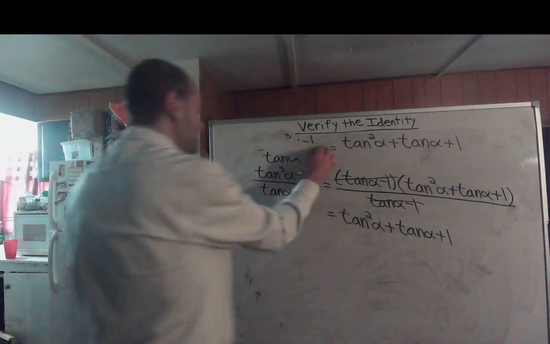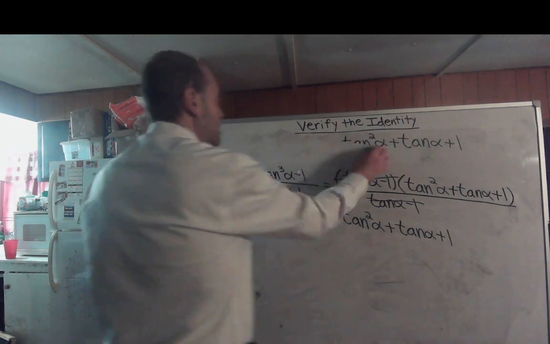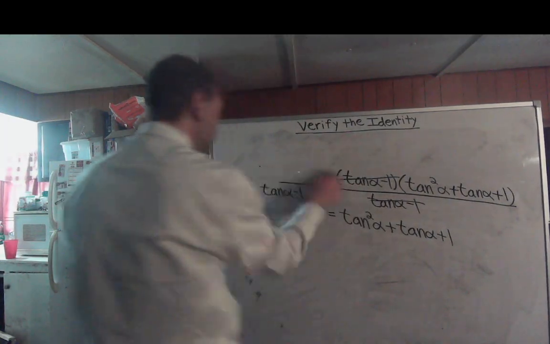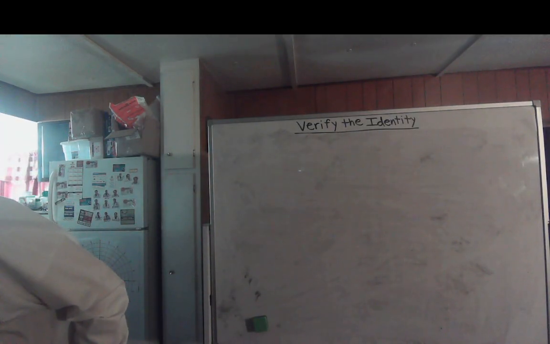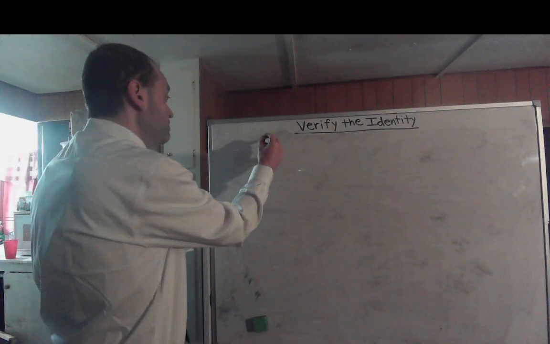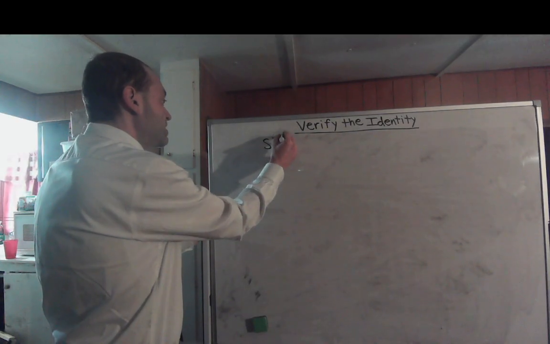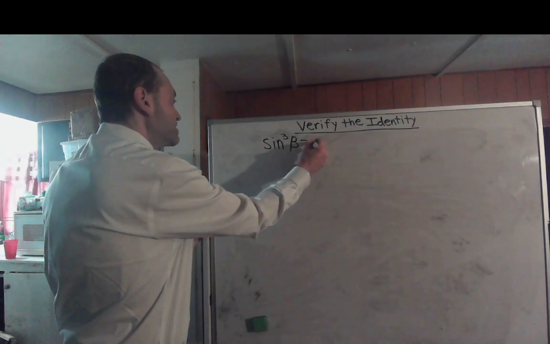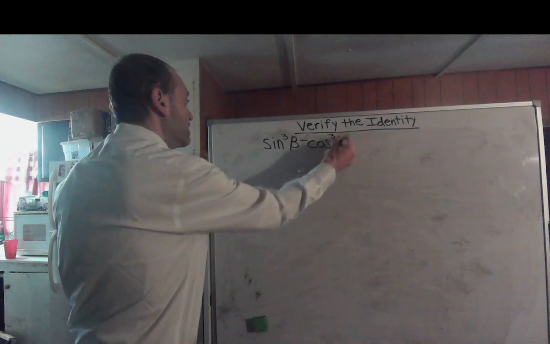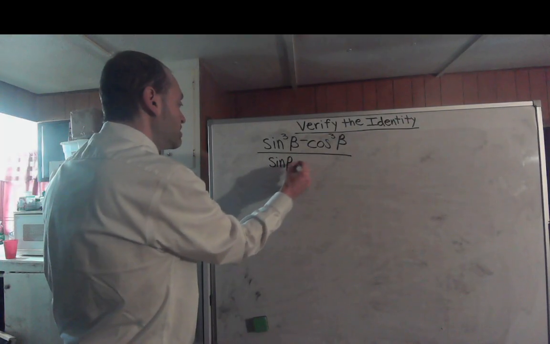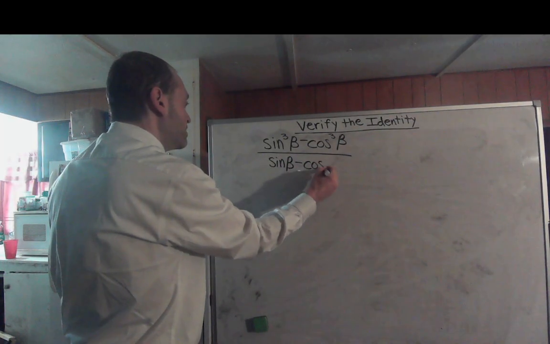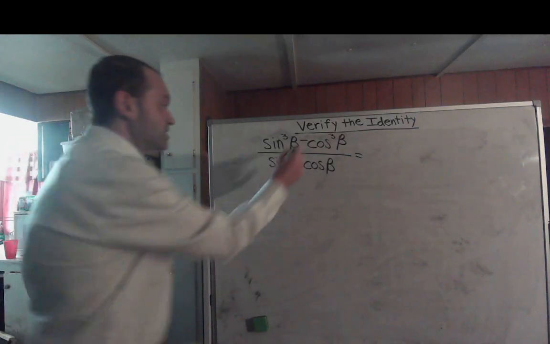And I got one more similar one to this. Alright, so let's see. We have the sine cubed of beta minus the cosine cubed of beta all over the sine of beta minus the cosine of beta is equal to, no wait, that's plus on both, excuse me.